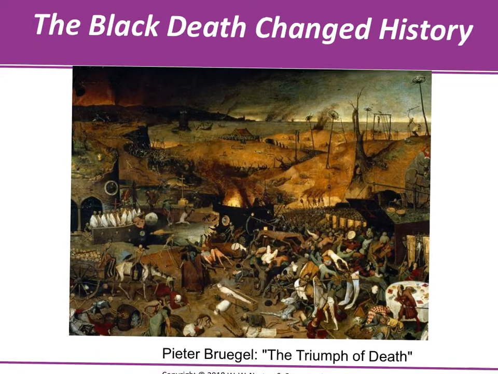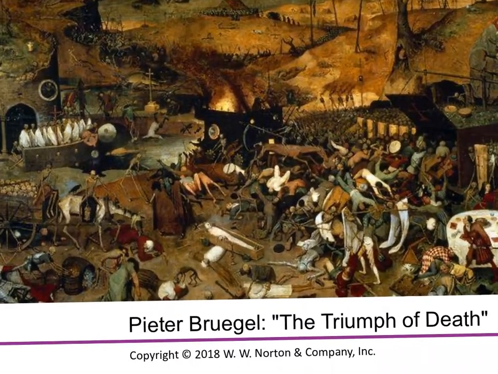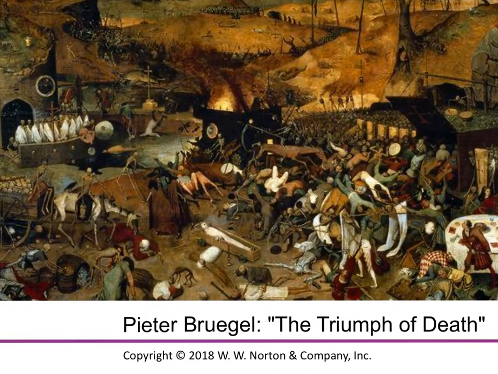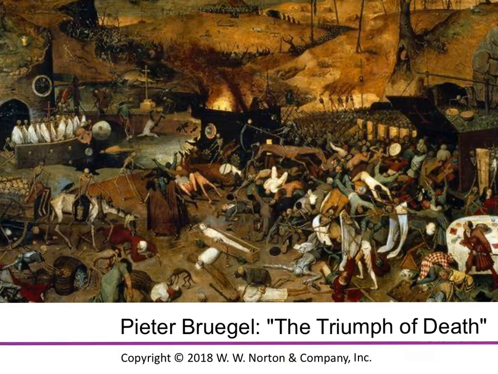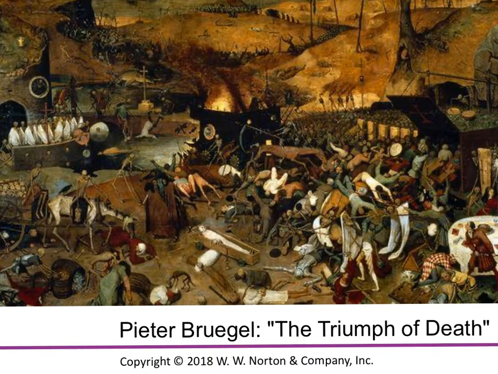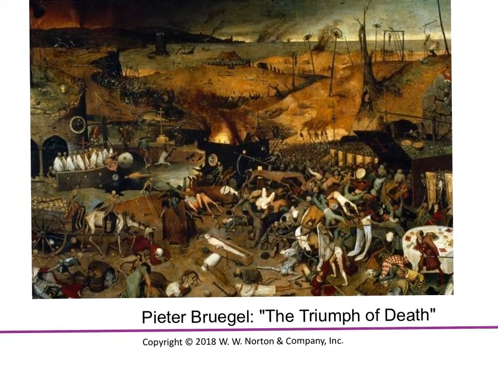This is a painting by a Flemish painter from Belgium, named Peter Bruegel, The Triumph of Death. And the first appearance of the Black Death, not the bubonic plague, but the Black Death, the biggest one, was in the 14th century.